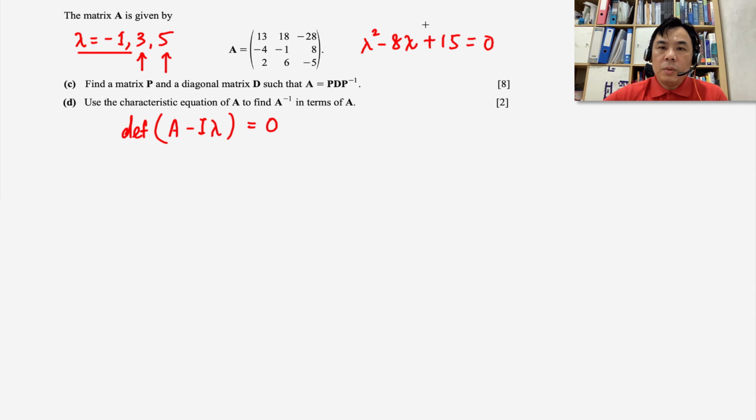And then after we simplify, this is the one that we have.